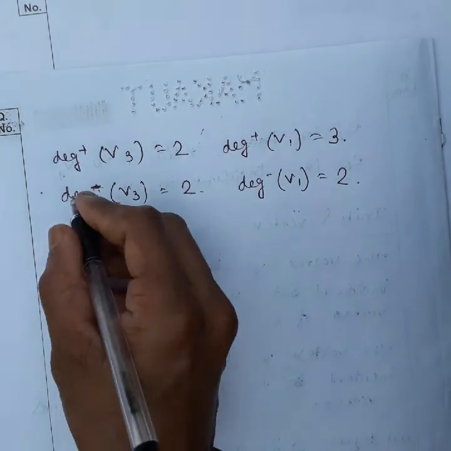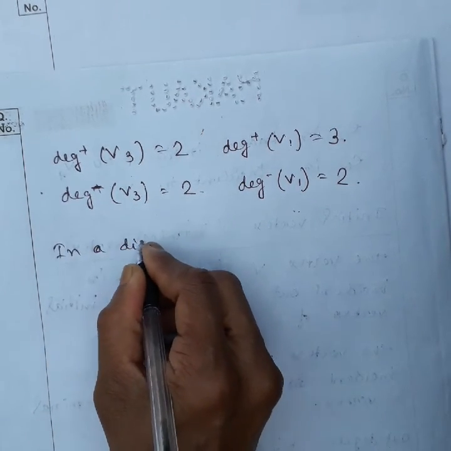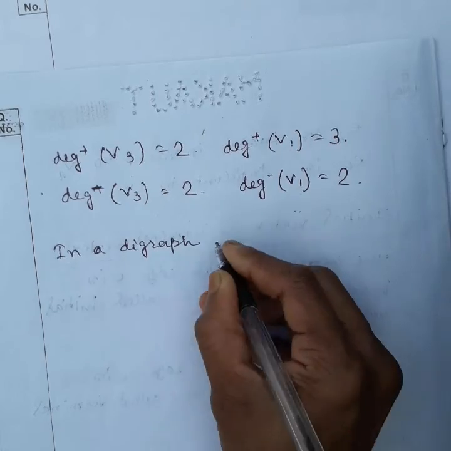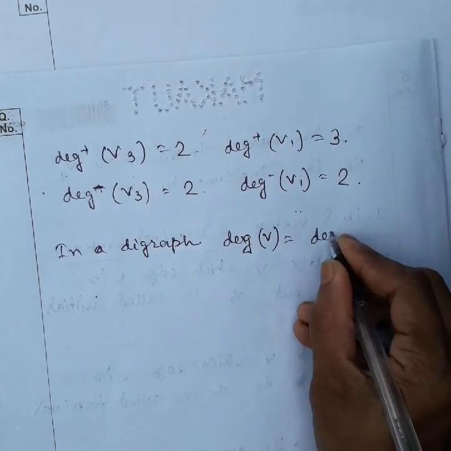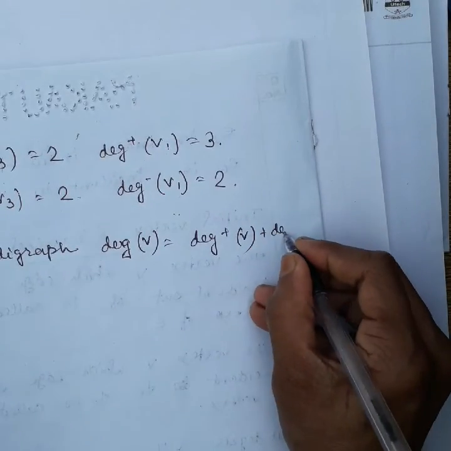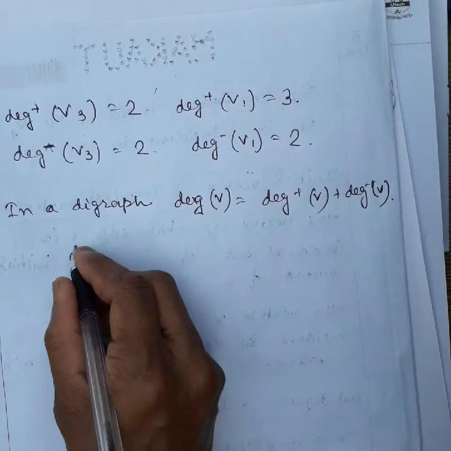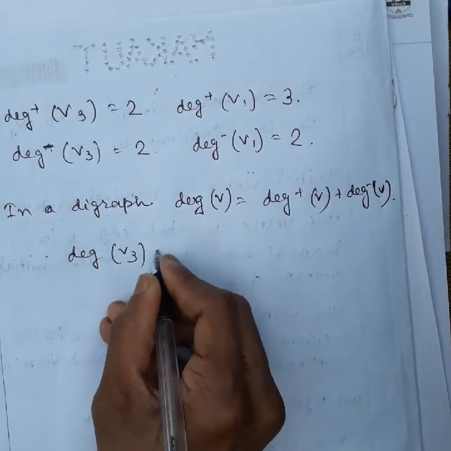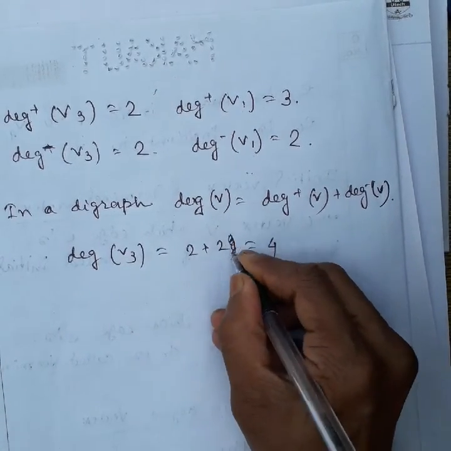So the total degree in a digraph: degree of V is equal to out degree of V plus in degree of V. That means degree of V3 is 2 plus 2, equal to 4.